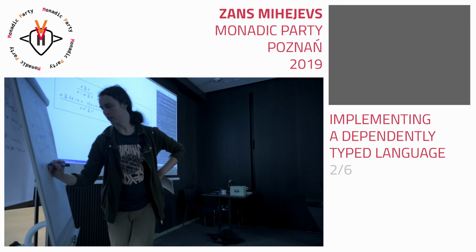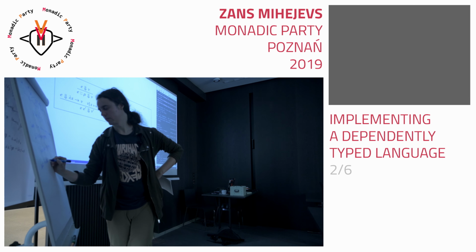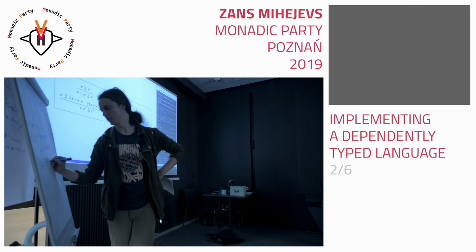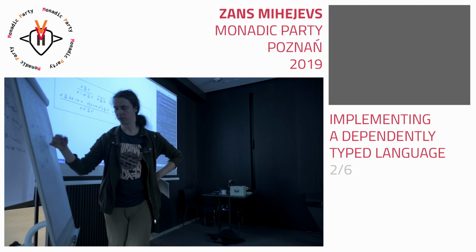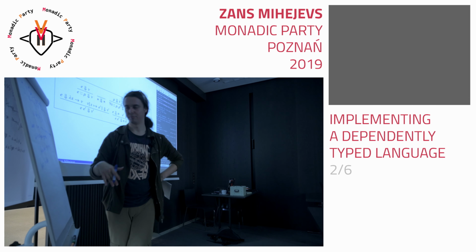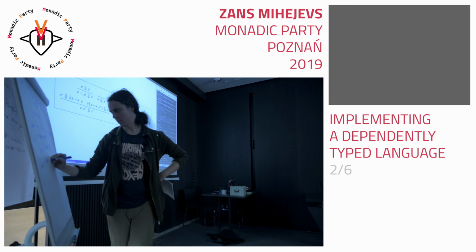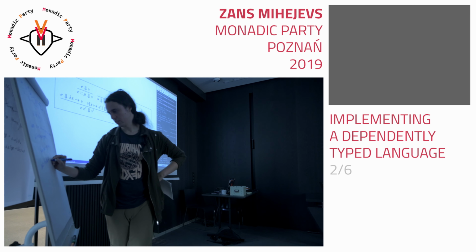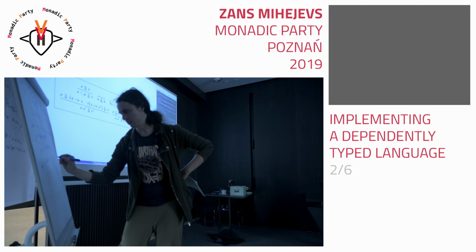For example, you can say vector is for all n of type natural, and then you have the dot. I'm using a bit of Haskell syntax here because we haven't defined lists or anything. Well, let's make this simpler and not do vectors.